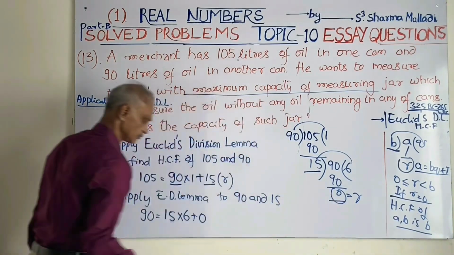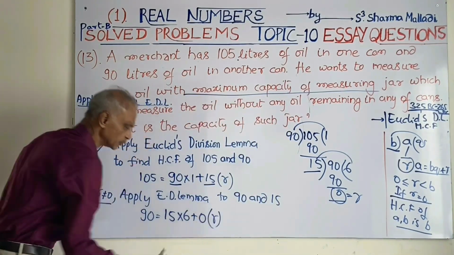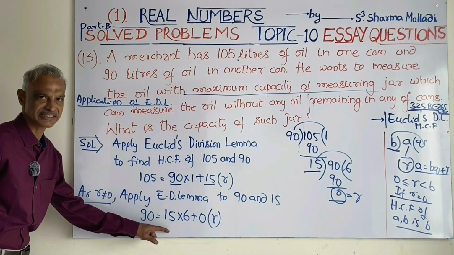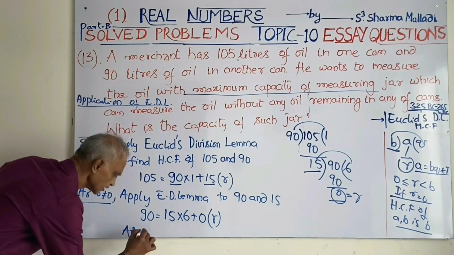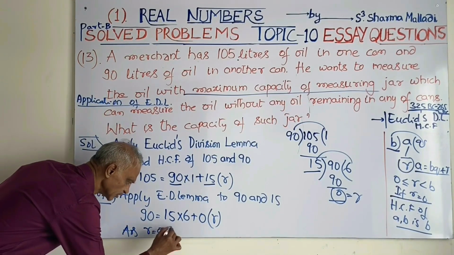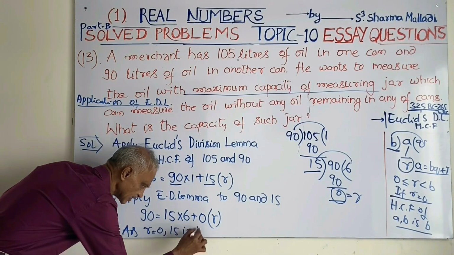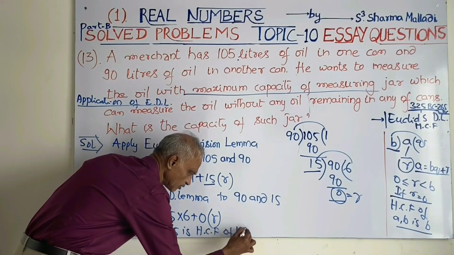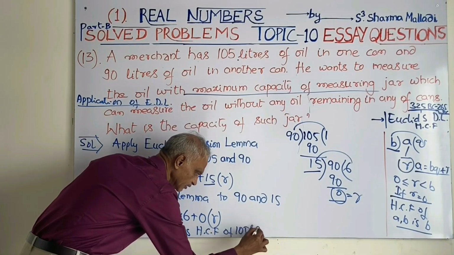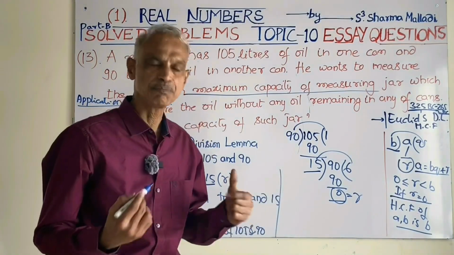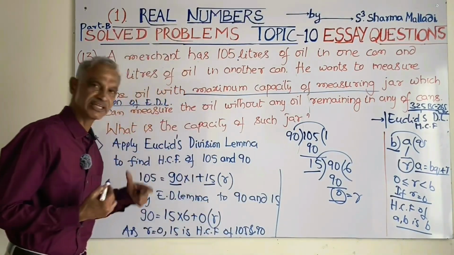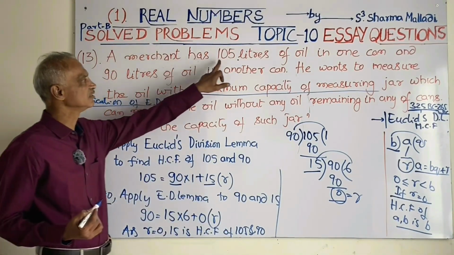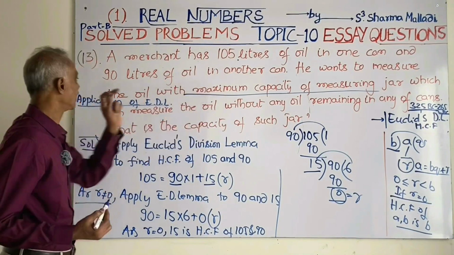As the remainder is 0, 15 is the HCF of 105 and 90.